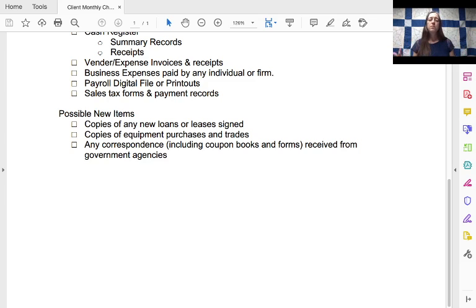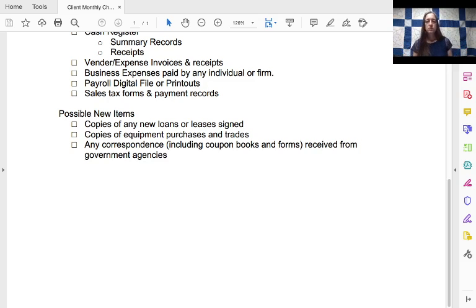And then if you have any purchase of equipment, a new vehicle, a new building, a new giant printer, a new small printer, anything that is an equipment purchase also needs to be given to your bookkeeper.